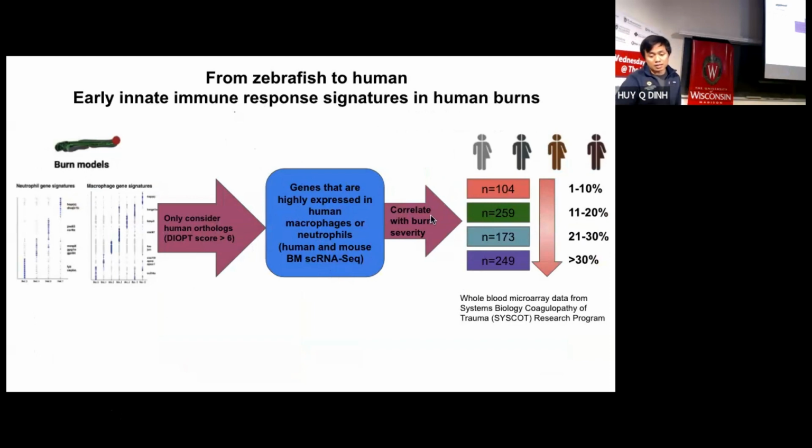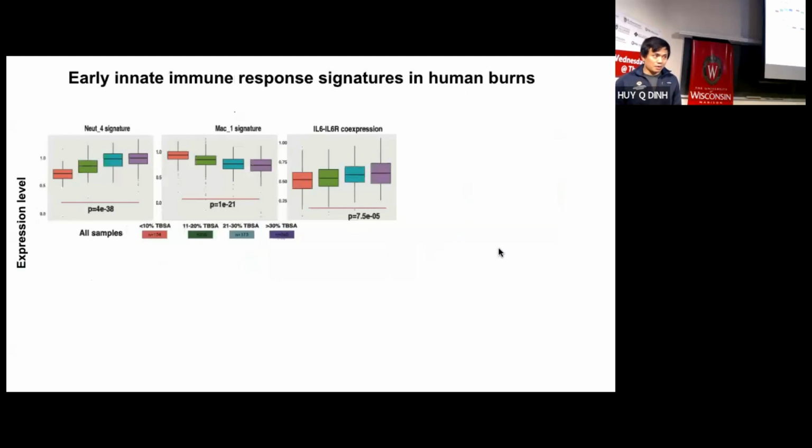Then we correlated them with severity, with more than 100 samples in each category. One signature we found from one neutrophil subset is positively correlated with burn severity. We also found one of the macrophage subsets that is negatively correlated with burn severity. And the co-expression of IL6 and its receptor is also positively correlated.